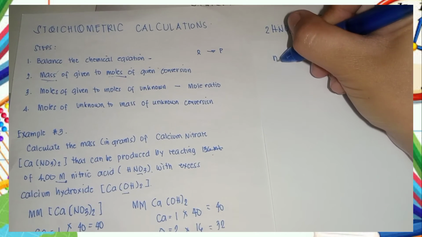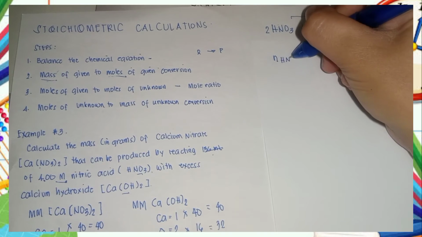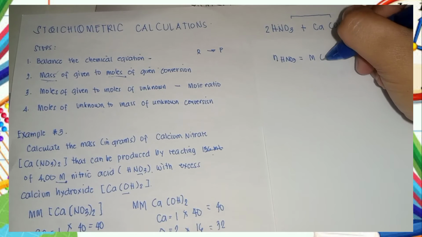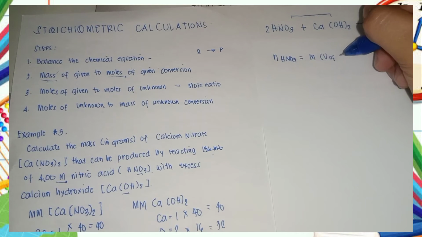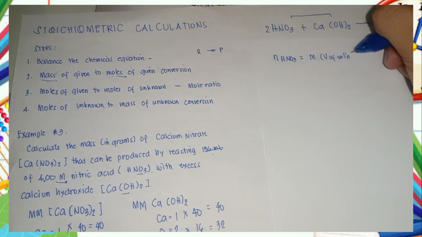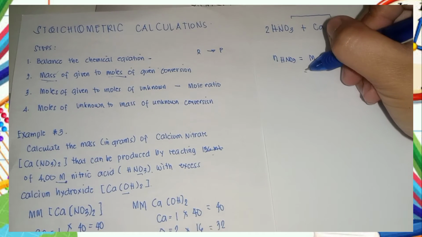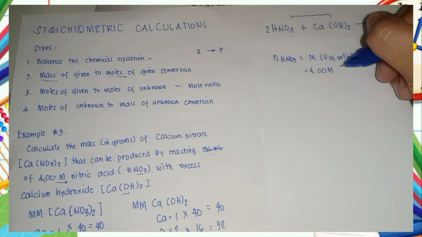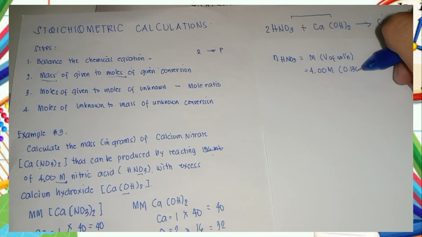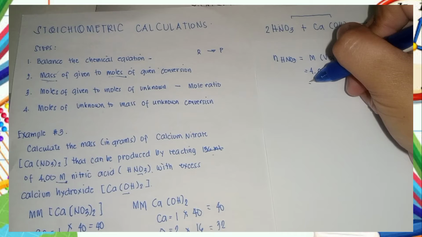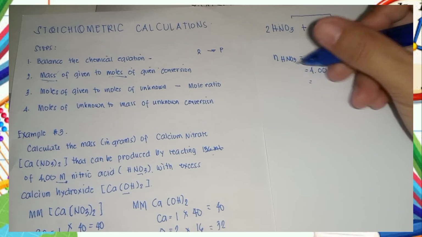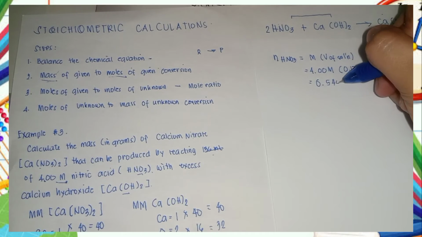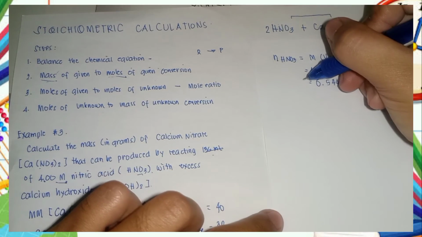So n, the number of moles of HNO3, is equal to the molarity times the volume of the solution, 4.00 molar times 0.136 liters, which gives us 0.544 mole.